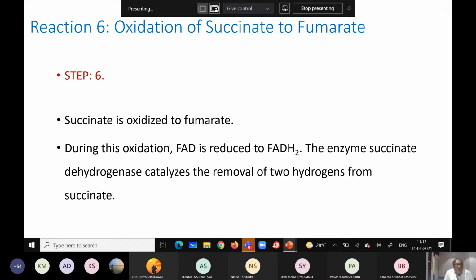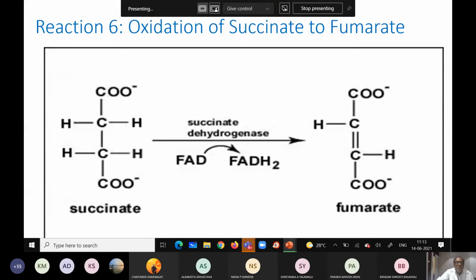The oxidation of succinate takes place with the reduction of FAD to FADH2, and there will be conversion of succinate to fumarate.